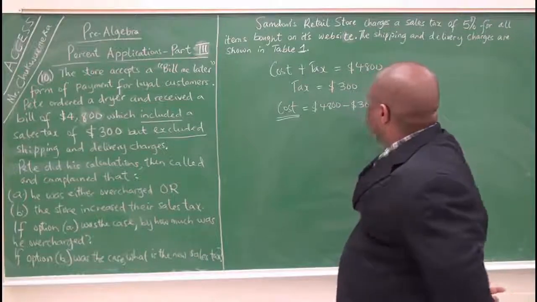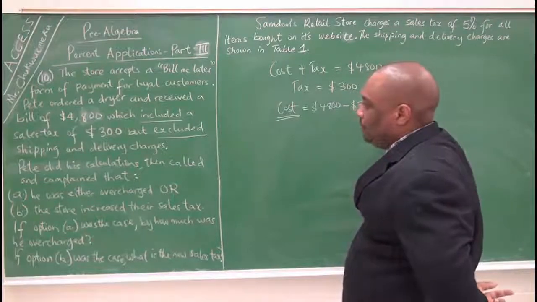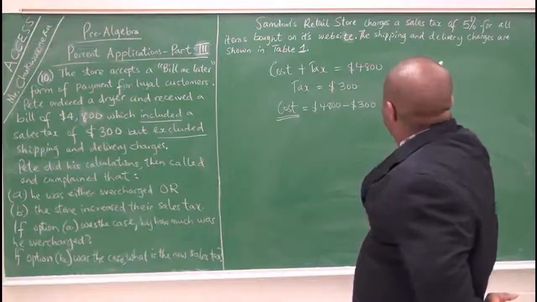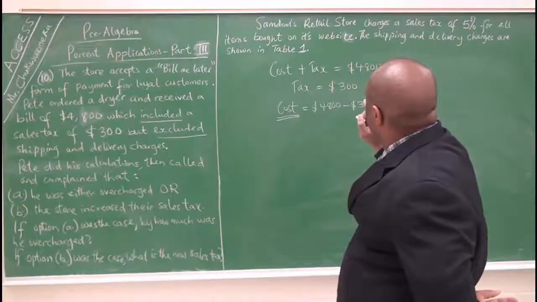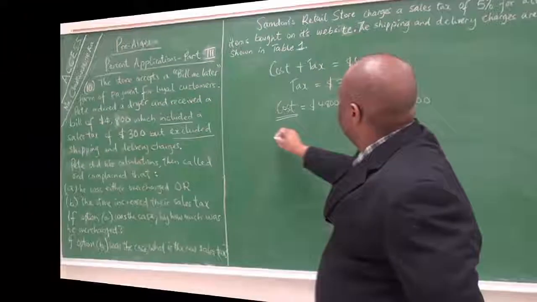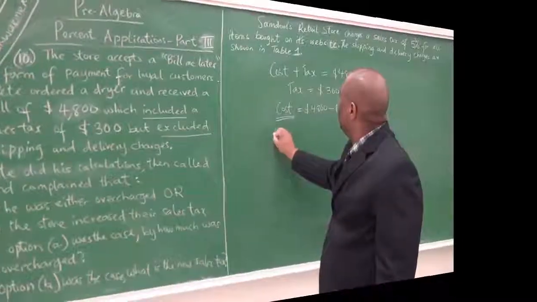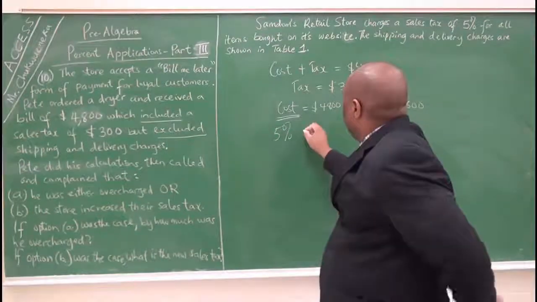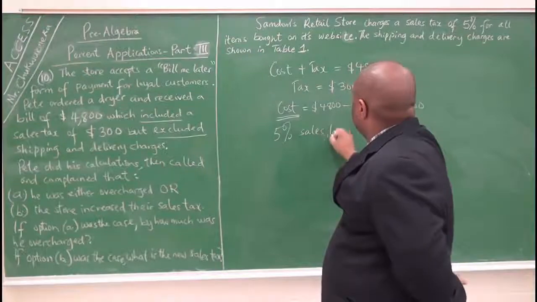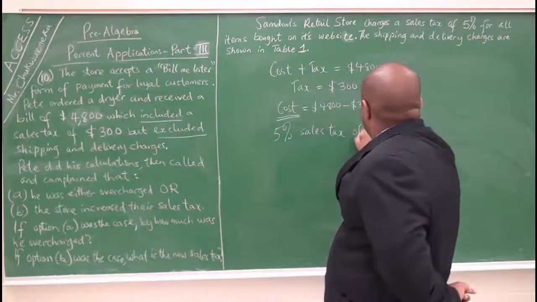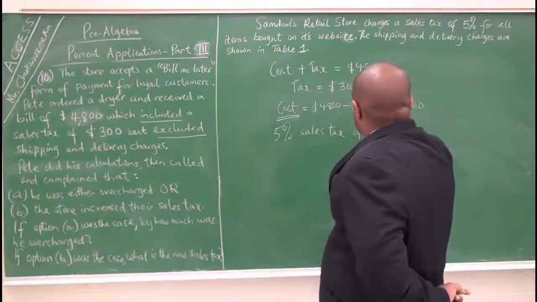If $4,500 is the original cost, let's find 5% sales tax of $4,500.